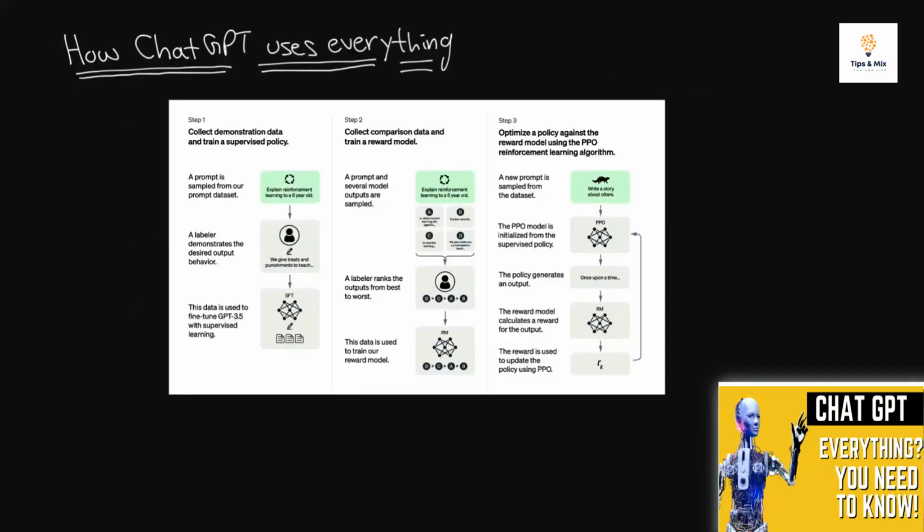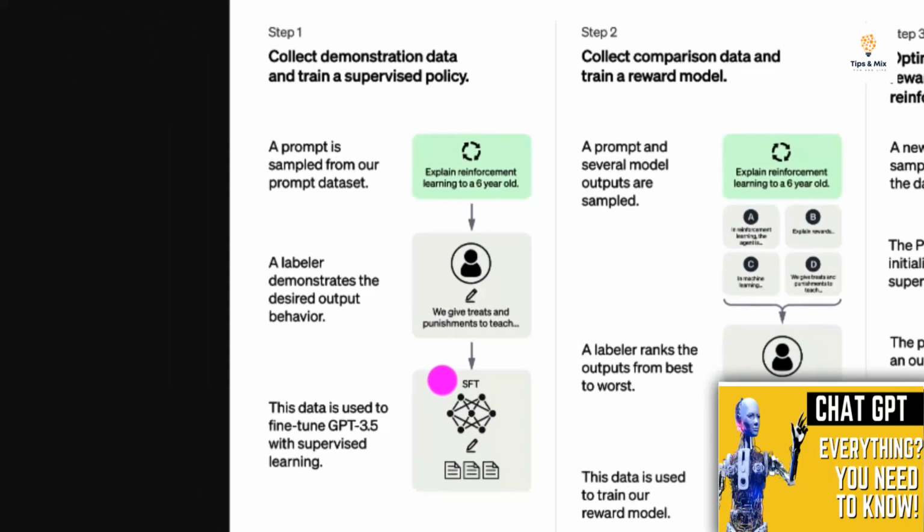Now that we have a holistic idea of some of these foundational pieces, how do they all come together with ChatGPT? So I took a screenshot of this from the OpenAI blog, and let's walk through each of these. The entire process can be divided into 3 major steps. In the first step, we take a GPT model that has been pre-trained on understanding language itself, and now we will fine-tune it in order to take in a user prompt and actually generate a response according to that prompt.